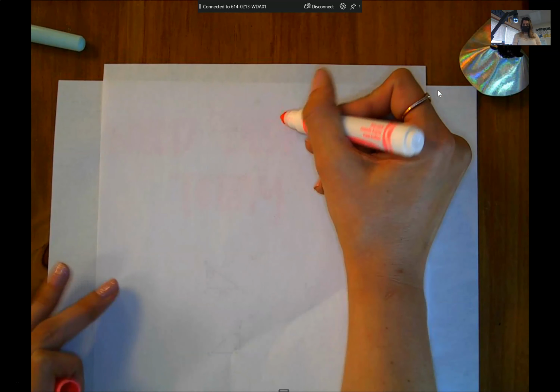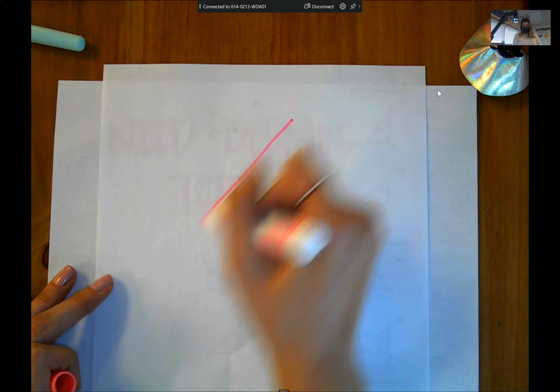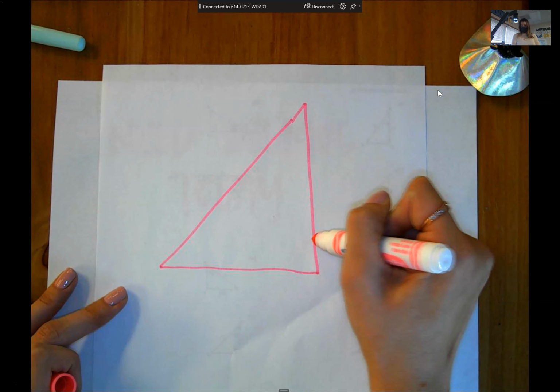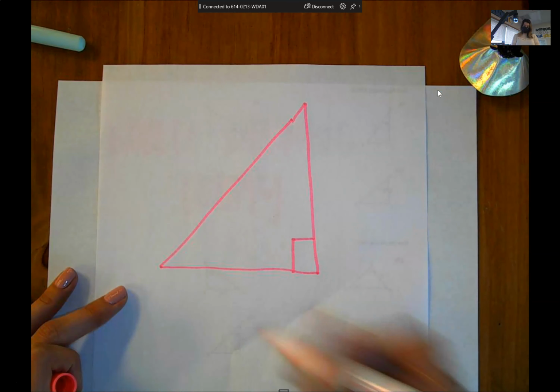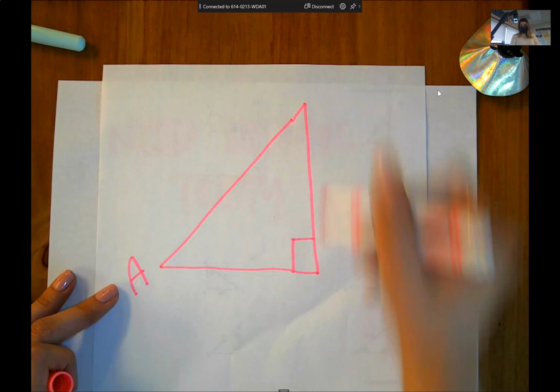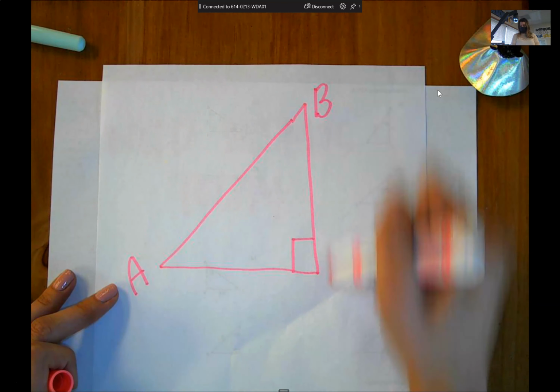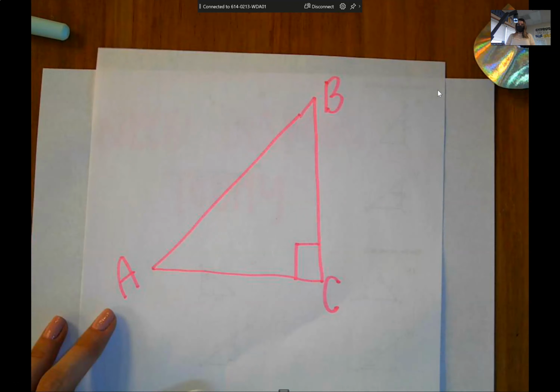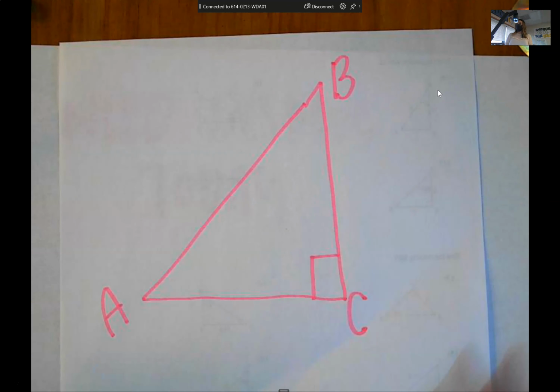Okay, so when we have a triangle, any triangle, but we're just going to focus on a right triangle. Let's say we name the bottom left A, the top B, and the right hand C. These are the names of the angles.